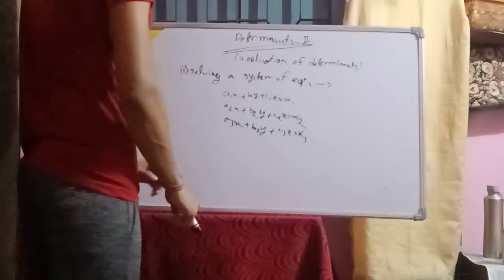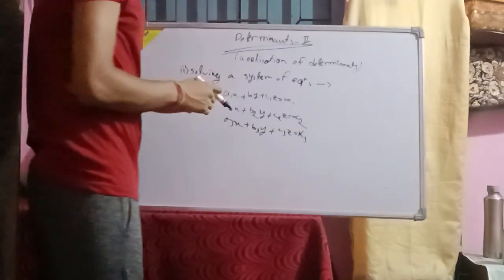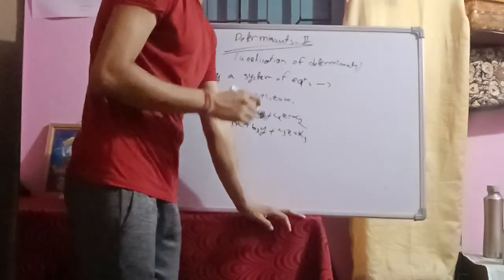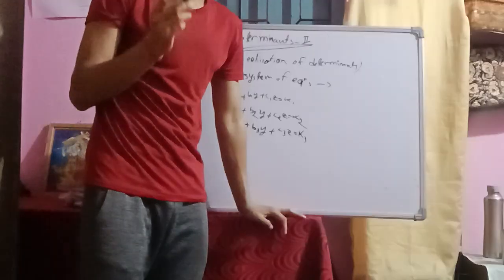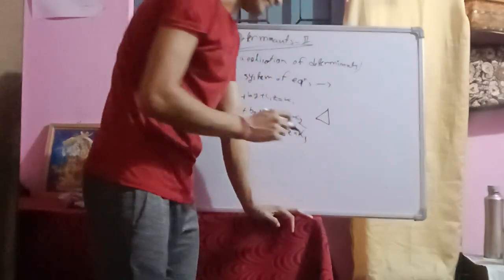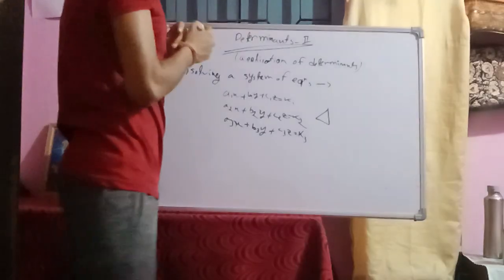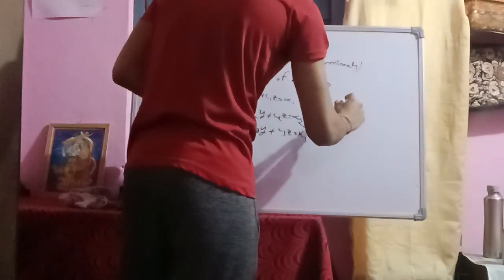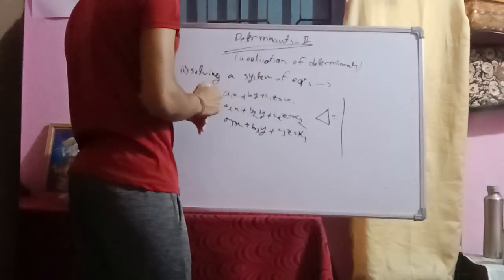Now we have to find out a few determinants. Let's denote them by delta. The first determinant we have to find out here is delta. The determinant will look like this.